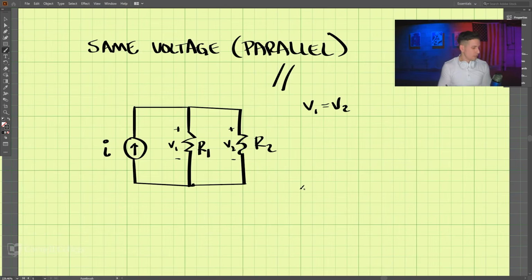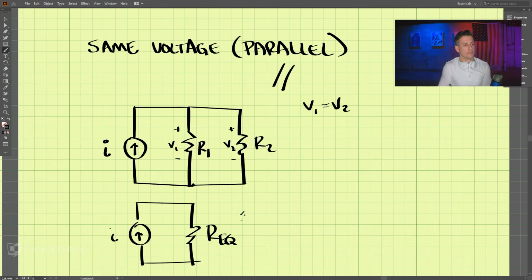Okay. So what if we want to add these resistors together, just to get one resistor, R equivalent? How do we do that? Well, 1 over Req equals 1 over R1 plus 1 over R2. So this is 1 divided by R1.